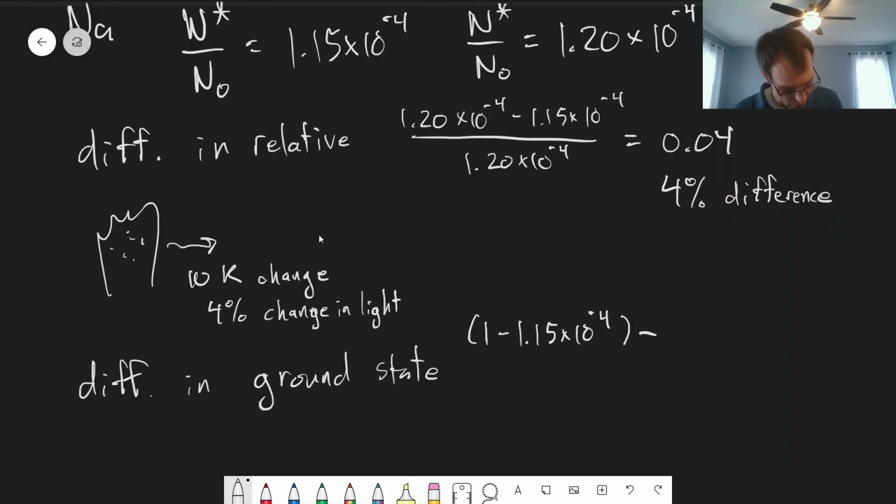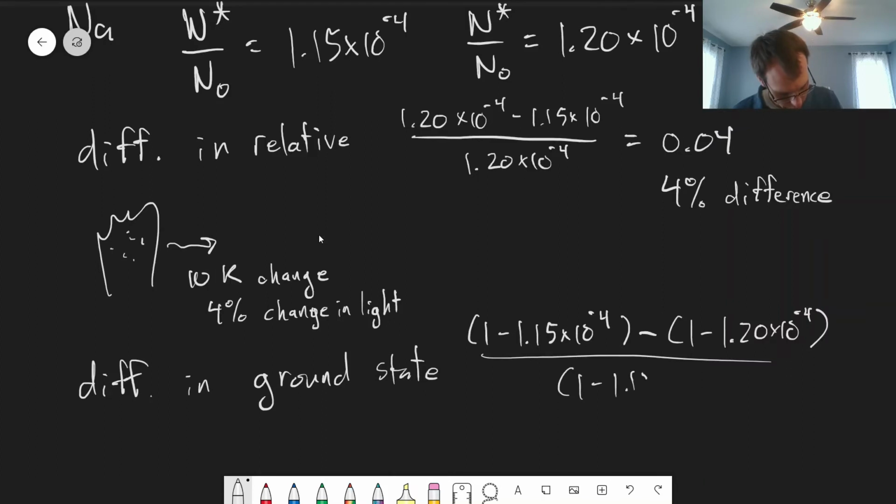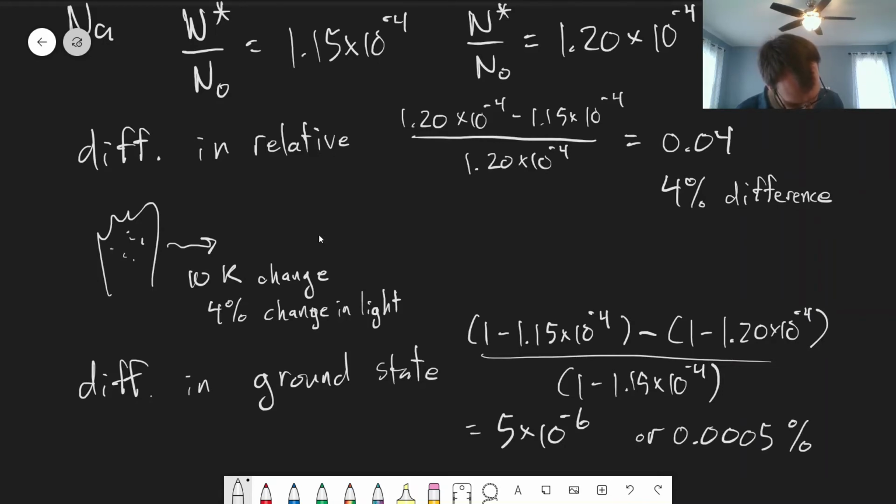And we can take the difference between those two and divide it by the original value, and we'll do this as a percentage. And this is equal to 5 times 10 to the minus 6, or 5 times 10 to the minus 4 percent, or let me just rewrite this as 0.0005%.